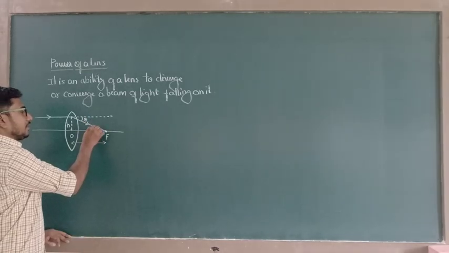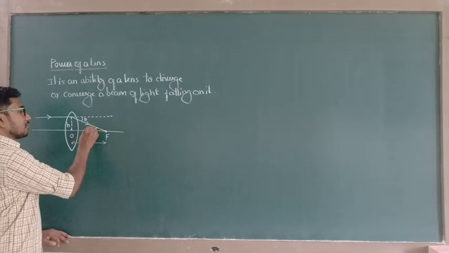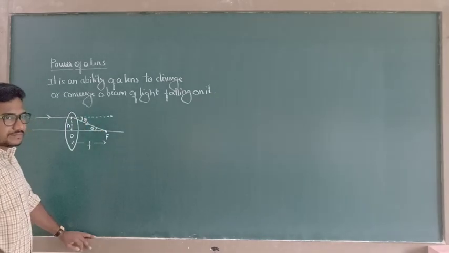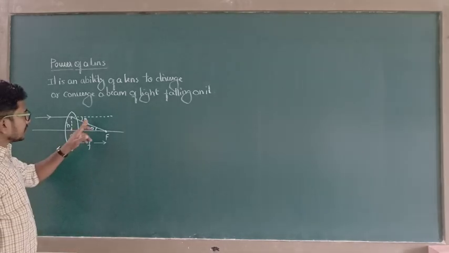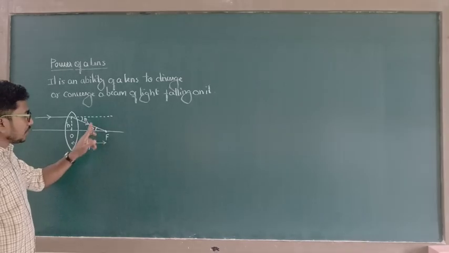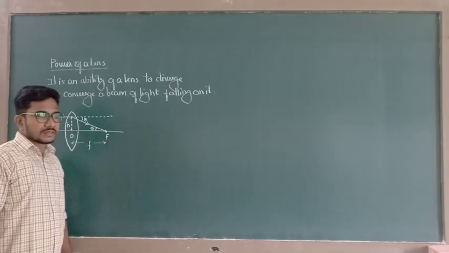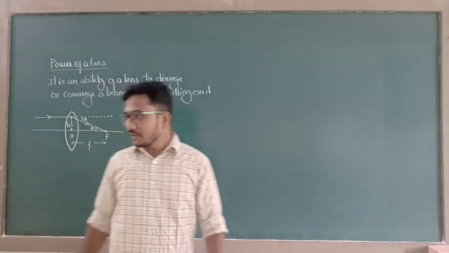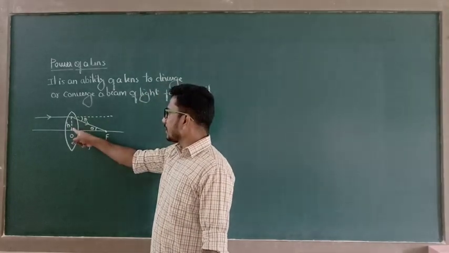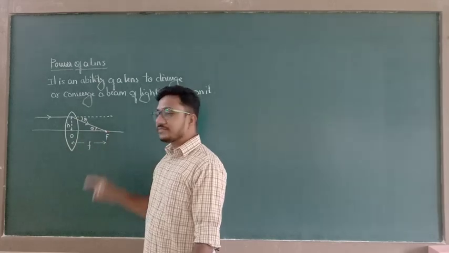From geometry we can say this angle is also equal to theta because of alternate angles. So we can discuss this angle theta at this point or at this point because both are the same. Why should we prefer to define angle theta at this point? Because here we will get a right angled triangle.